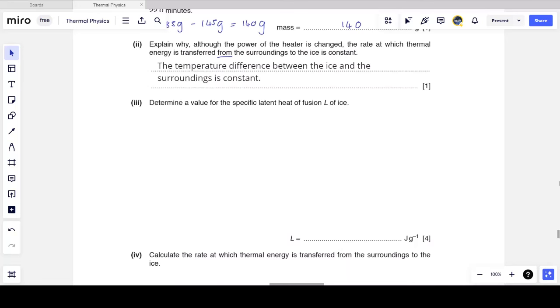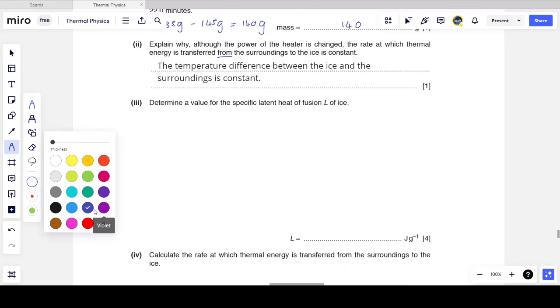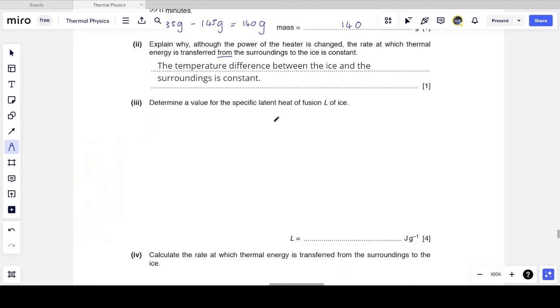And again, they ask us to determine a value for the specific latent heat, but this time it's the specific latent heat of fusion for ice. So I'm going to do exactly the same thing I did the last time. In the first 10 minutes, I'm going to call the energy going to the ice Q1, and this is equal to the power times the time.